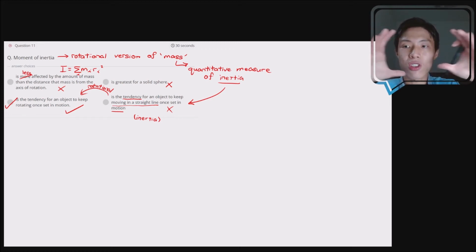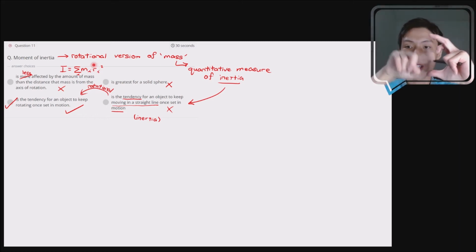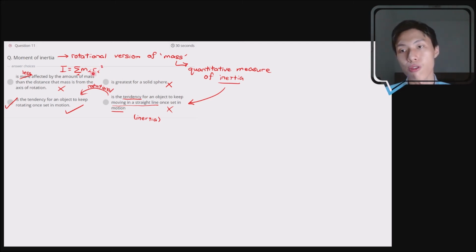So if your mass is not near the center, then your r will be very big, because all the mass are far away from the axis of rotation. And if your ring is like this, nothing in the center, so most of your mass will have a great r. So if most of your mass has a great r, then you have a greater moment of inertia. That means that ring has a greater moment of inertia compared to a solid sphere. So solid sphere is definitely not the greatest, so that's wrong.